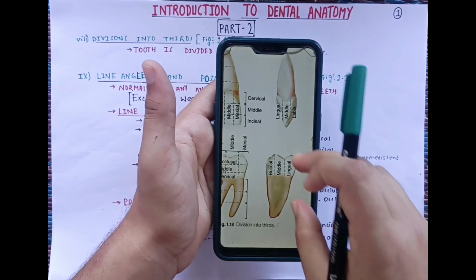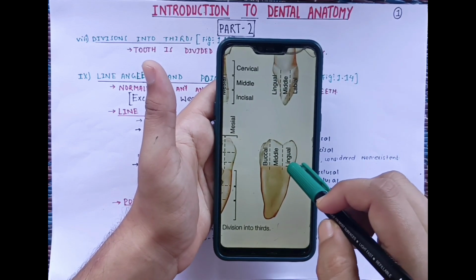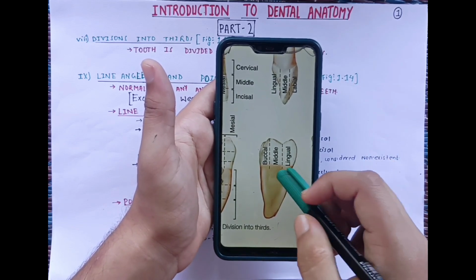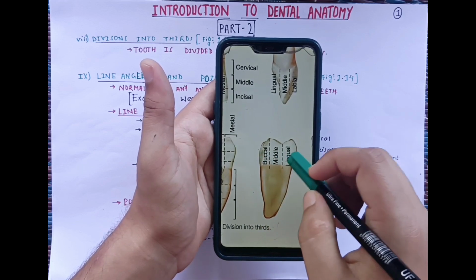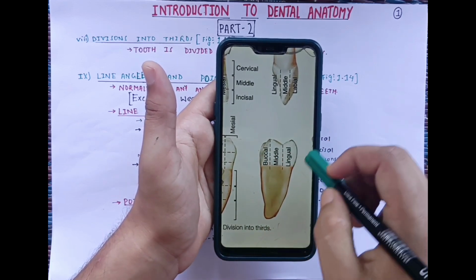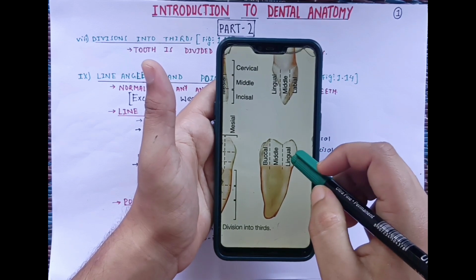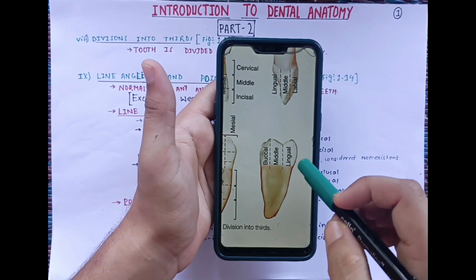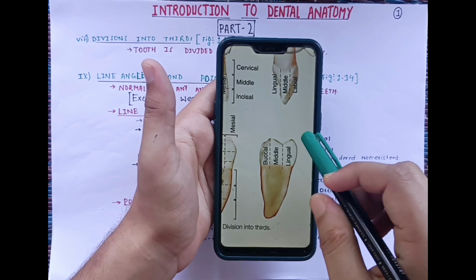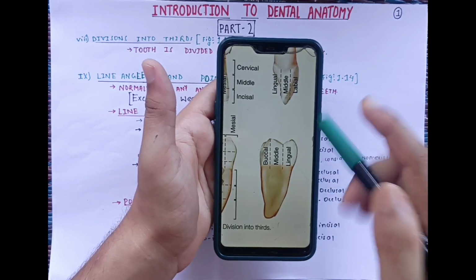Okay, by looking at the teeth proximally, we can see here the part of the tooth that is facing towards the buccinator muscle is the buccal side, and the part of the tooth that is facing towards the tongue side is the lingual side. I have discussed in the previous video where we use lingual side and where we use palatal side.